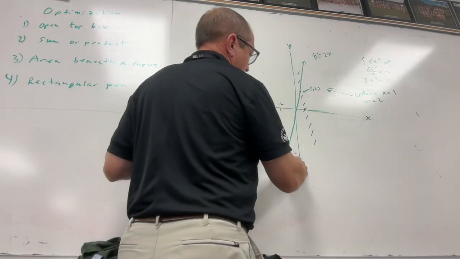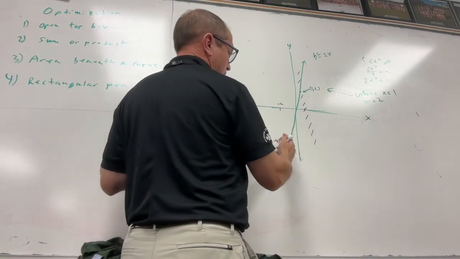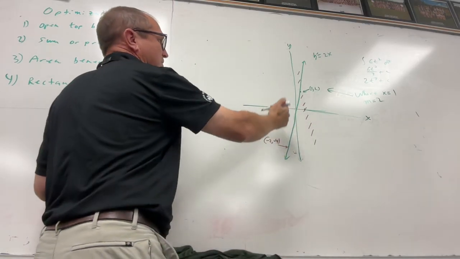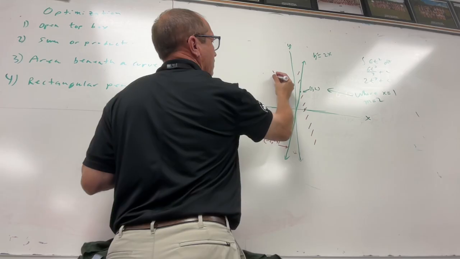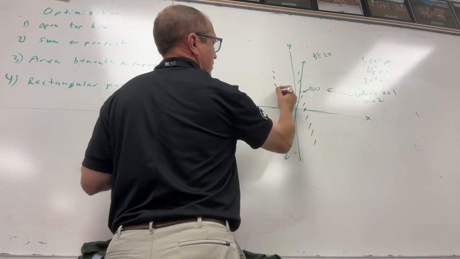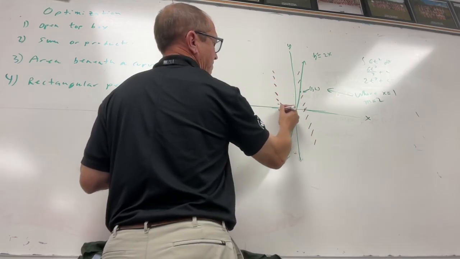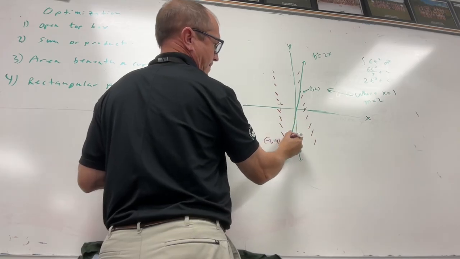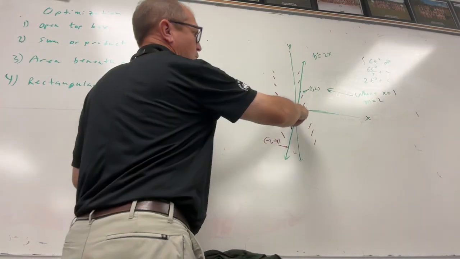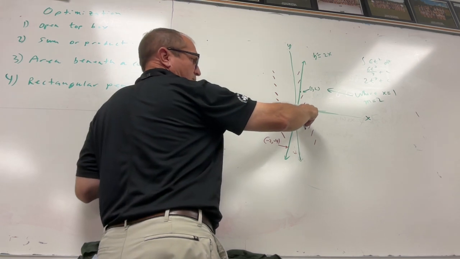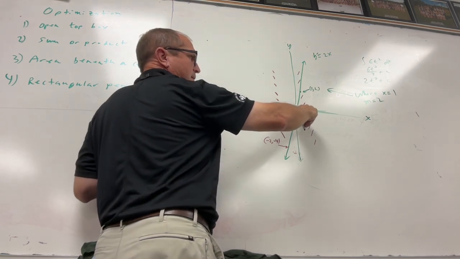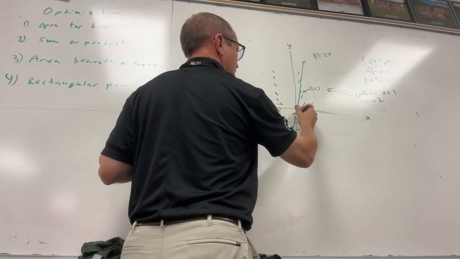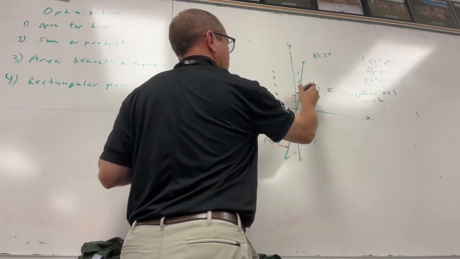So everywhere my x value is -2, my slope is -4. So this is really steep. And right here, this is the point 0, 0, right? So everywhere my x value is 0, my slope is 0.